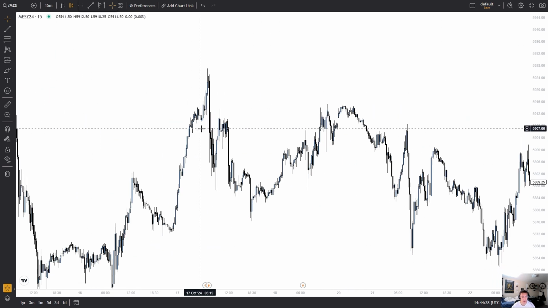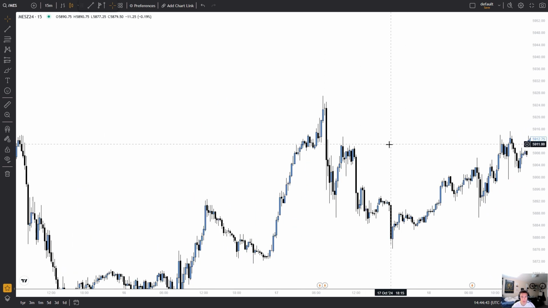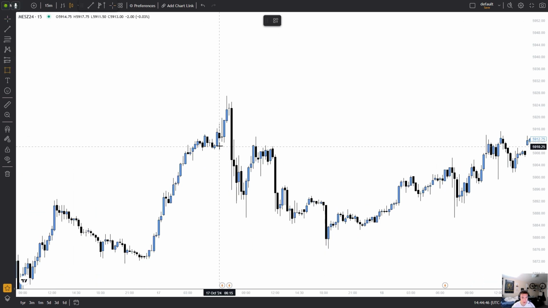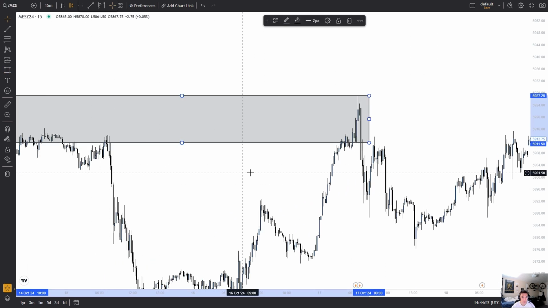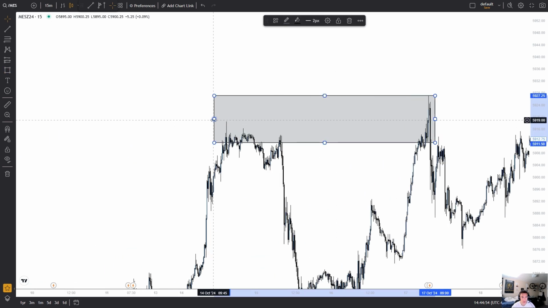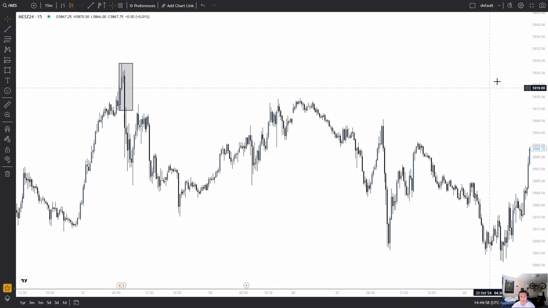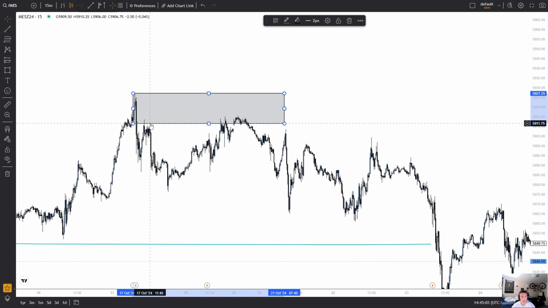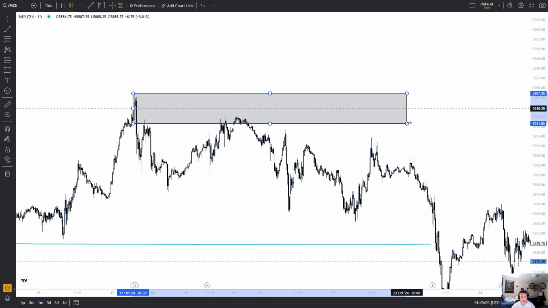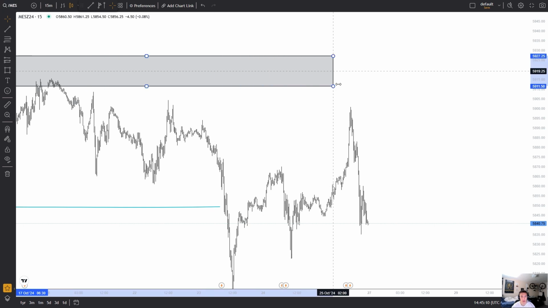So ideally, a really good order block is going to be something like this. These are the legs up that caused the sweep on liquidity. Price goes to the downside, comes back up, fills in orders, goes back down. Then we don't get another tap into that.